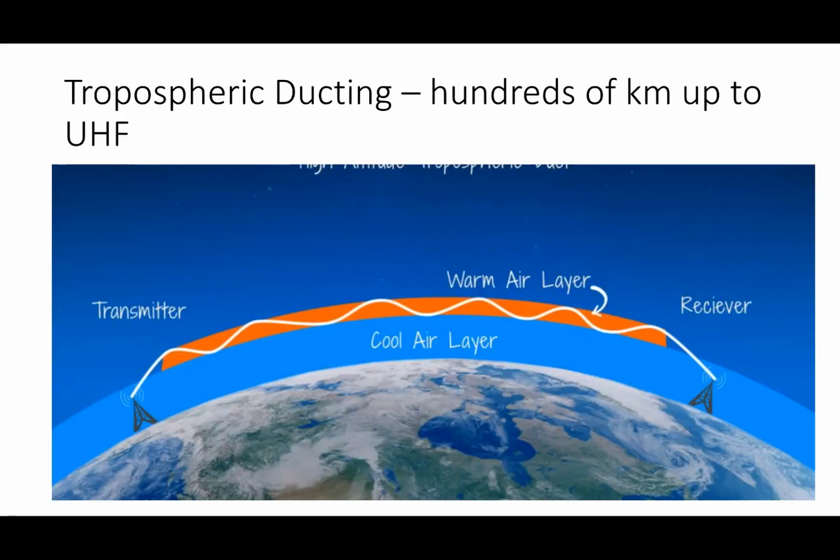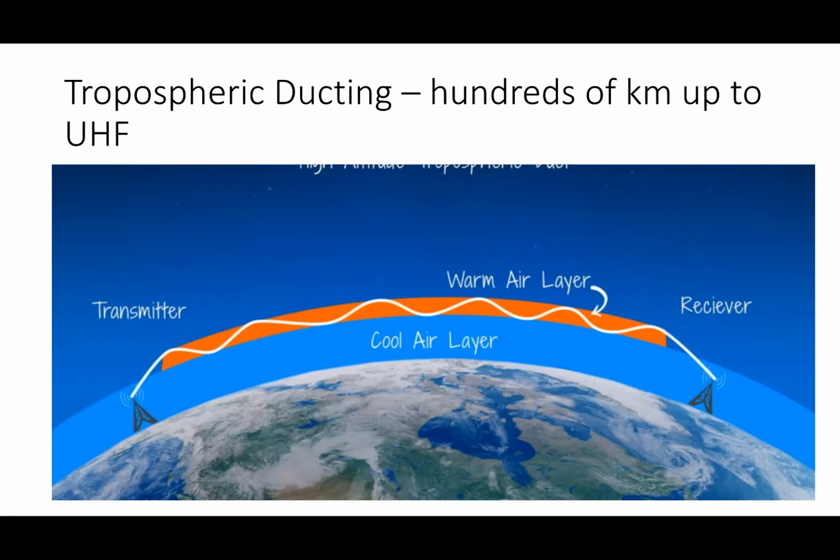Tropospheric ducting is another mechanism and can result in communication on the VHF bands of hundreds of kilometers. And it occurs when there is a temperature inversion, so that a warm layer of air is trapped above a cold layer and then underneath another cold layer of air.